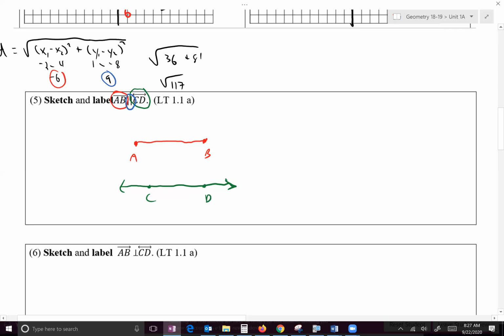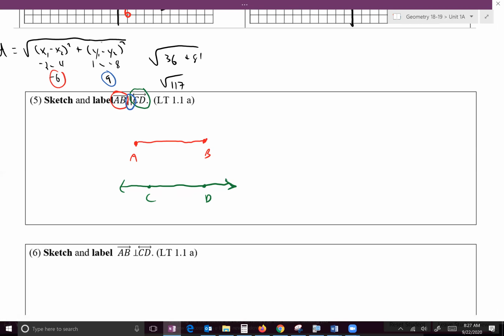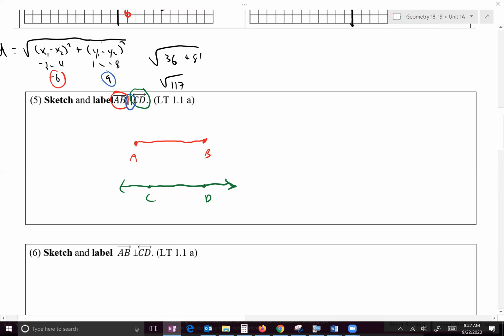Now, even though I drew that as best as I could to make it look parallel, to be absolutely 100% accurate, I've got to put the little parallel arrows on my line. Some people like to put 1, some people like to double up, put 2. That's your personal choice. So, okay, all right. So that's the correct sketch for number 5.